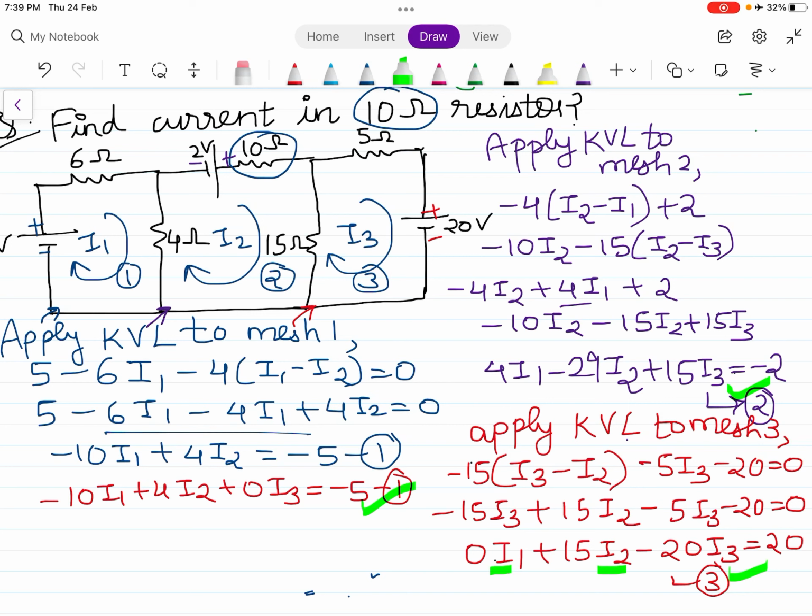3 equations, 3 unknowns, I1, I2 and I3. So find the value of I1, I2 and I3.